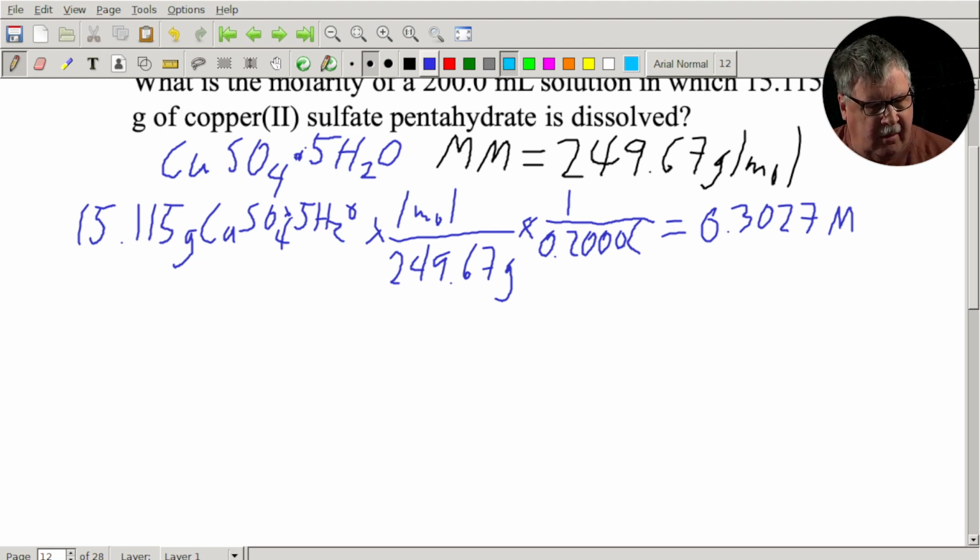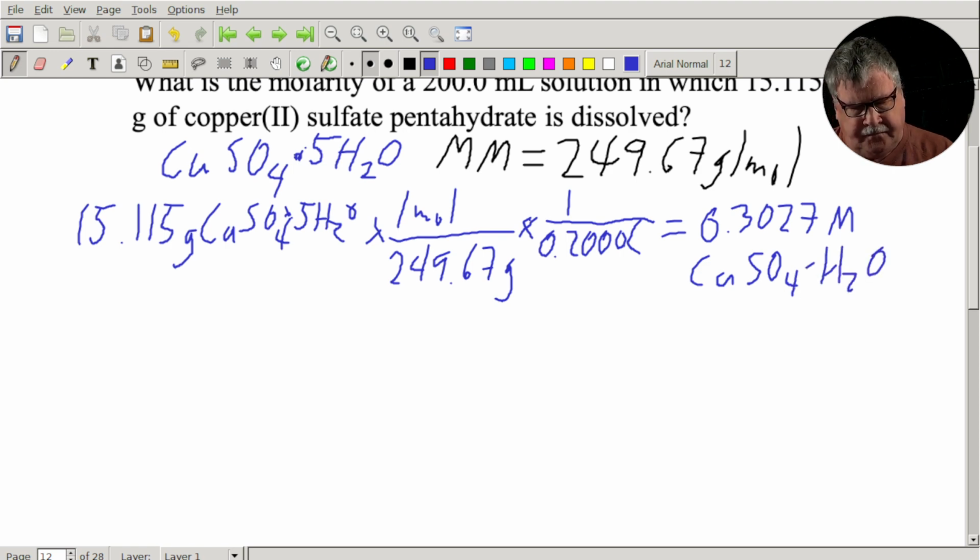This particular molarity, at least based on the way we calculated it, is the molarity of the whole solute. But we know this solution is blue colored. The copper 2 ion is what gives rise to the blue color in solution.